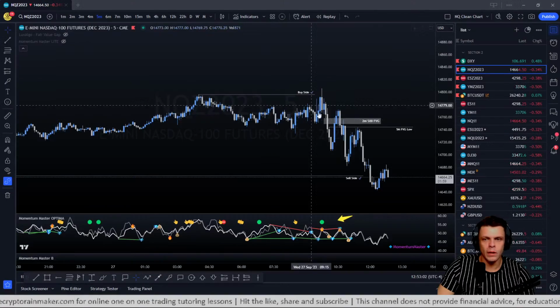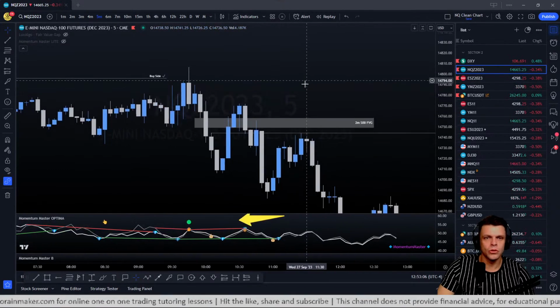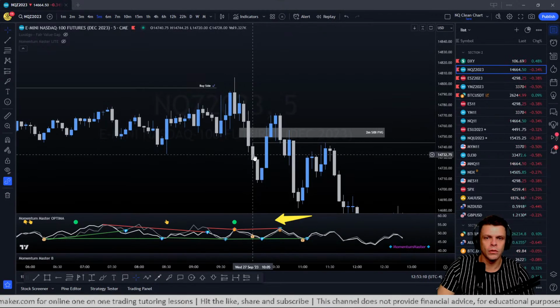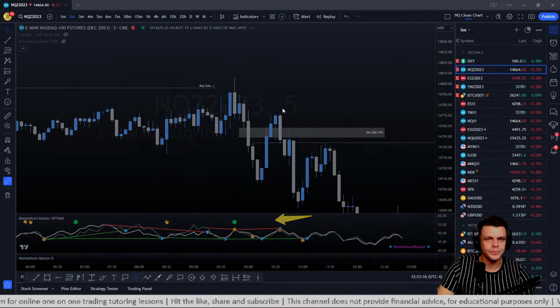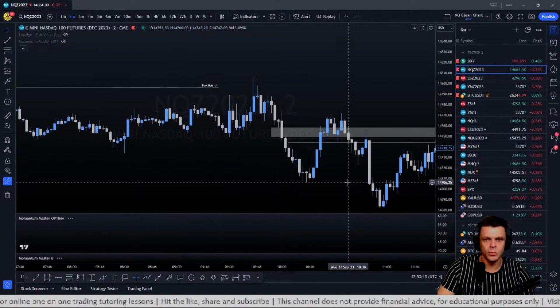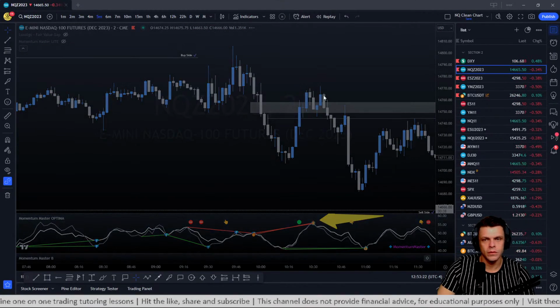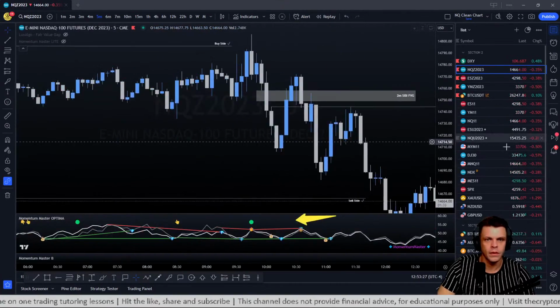And then as you can see, it came right into it. Whenever you enter on a fair value gap, a fair value gap is a 3-candle formation, right? So 1, 2, and 3. The 5-minute shows it a little bit better.